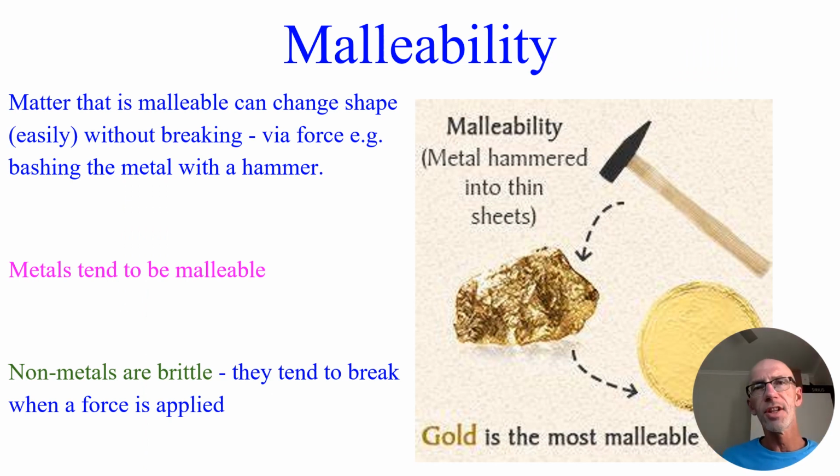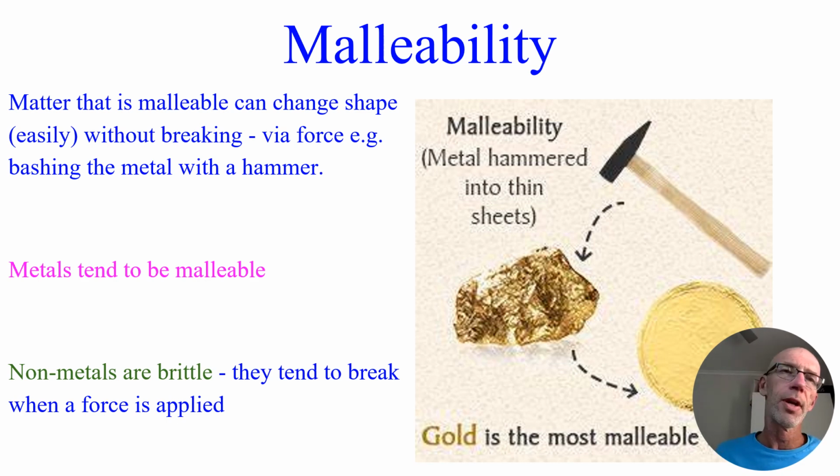There are 6 characteristics that we can use to distinguish between metals versus non-metals. Starting with number 1, malleability. Malleability is the ability to change the shape of an object of matter without breaking it by using a force. Metals tend to be malleable.